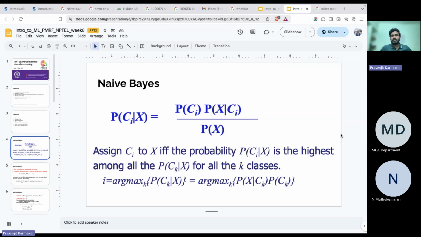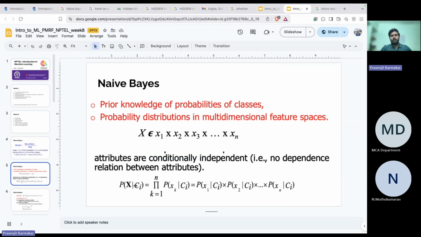So naive Bayes. It's this equation. What we are doing for all the classes, we are trying to predict their probability and then taking argmax. Whichever class has the maximum probability, we will take that class as the prediction. Now for naive Bayes, X is a set of features, right?